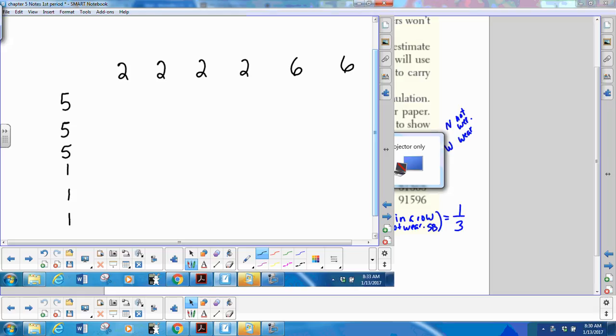And we're interested in the sample space of the difference of A minus B. They said, what would happen if you took die A and subtracted die B? And these are all the things that could happen.